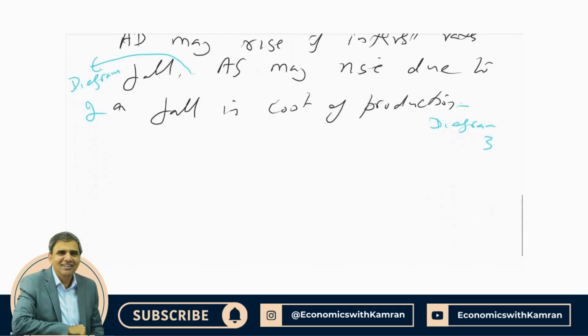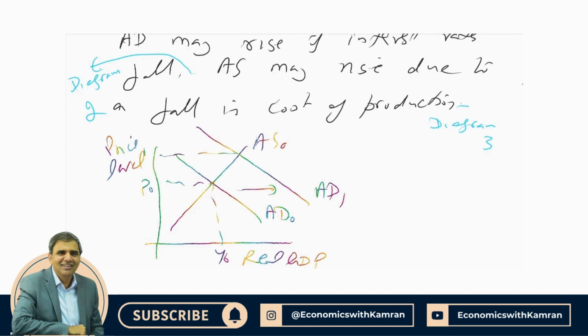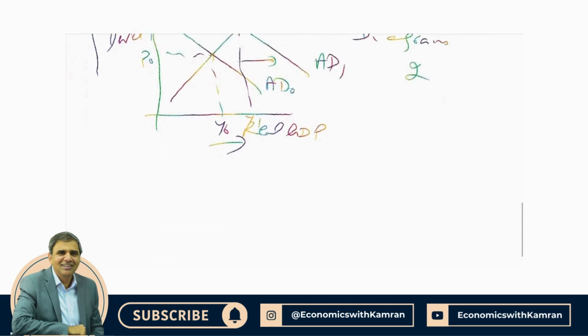So a rightward shift in AD. On the axes, real GDP, again it's very important that you label the diagrams accurately and completely. AD, AS, and show the initial equilibrium point. AD shifts to the right, the price level goes up, and the real GDP goes up as well. Now this is diagram 2. We now draw diagram 3.